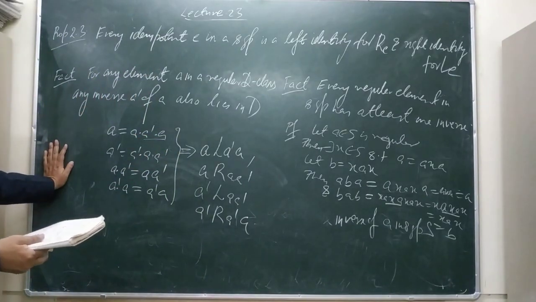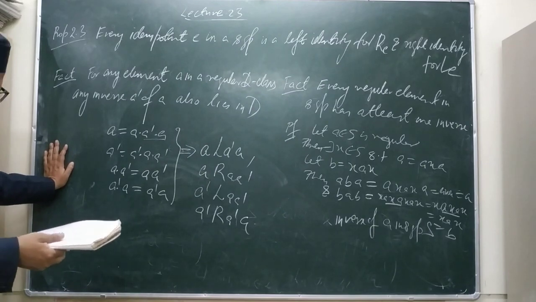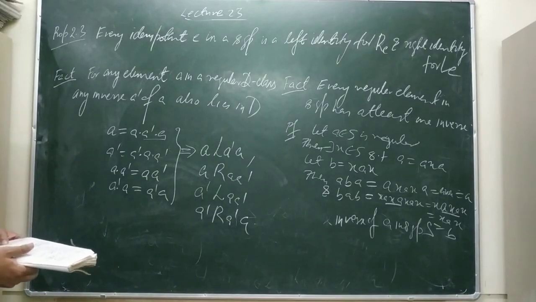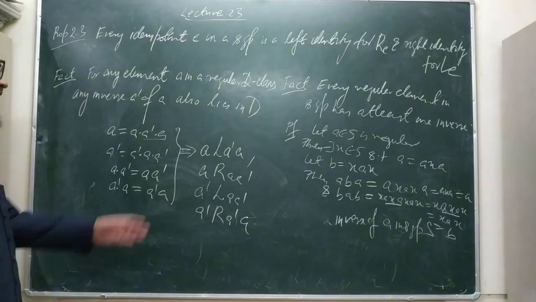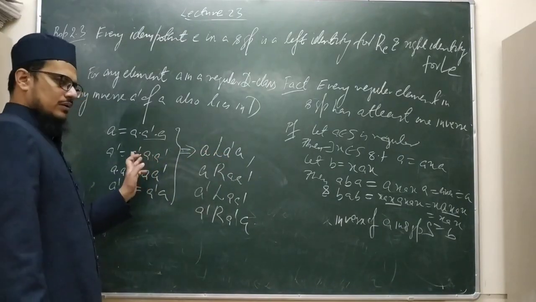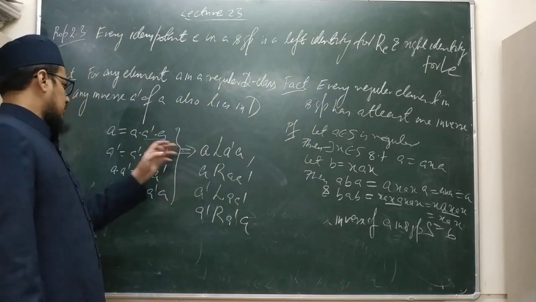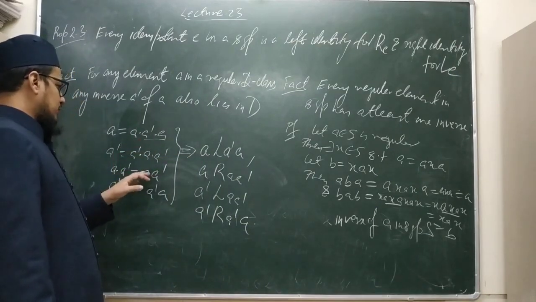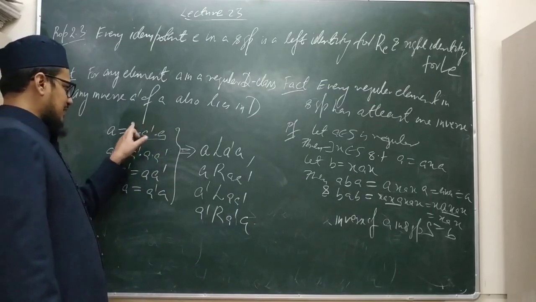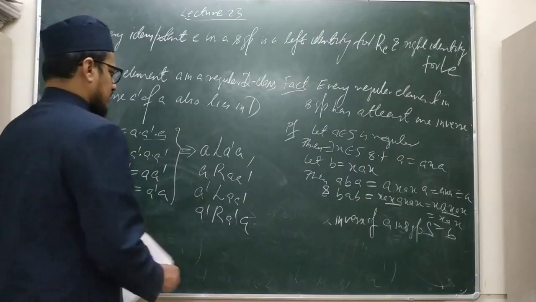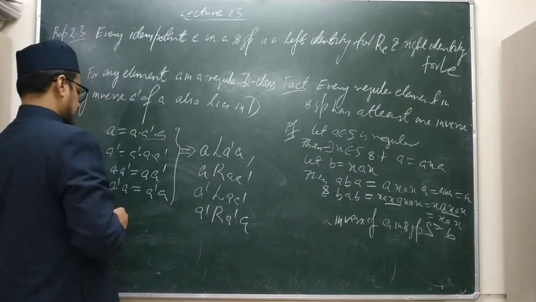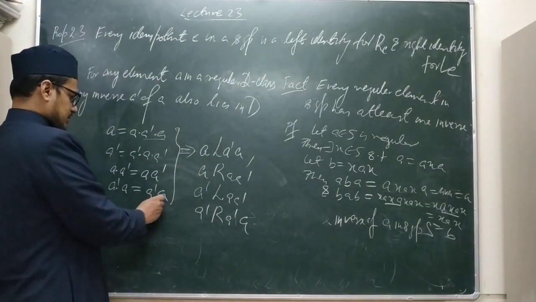So from these implications, we can see that a L a dash a, a R a a dash, and a dash L a dash a. Okay. So we can see all these things, that a and a dash a are related to each other. Is it true or not? See how we are multiplying. We are multiplying a by a dash from the left side. You can see that a and a dash a are related to each other. How? See, this is a dash a, isn't it?